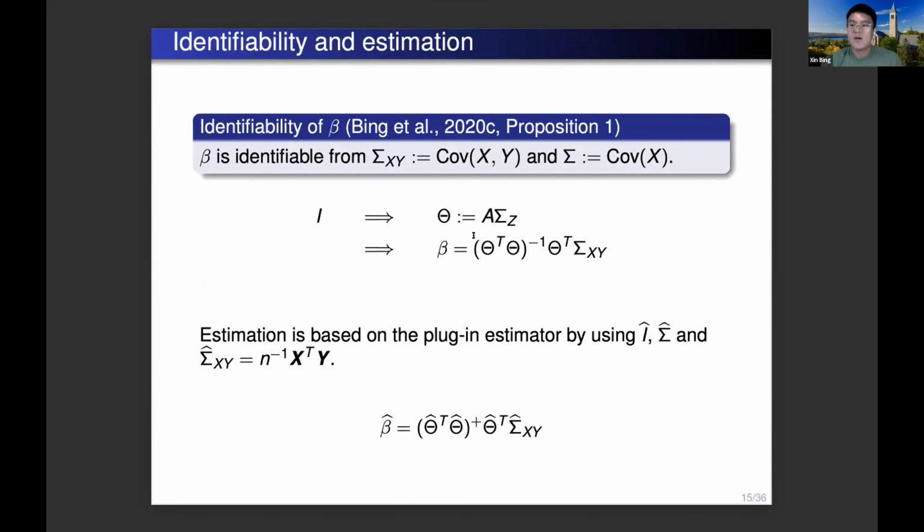So to start with, we need to first make sure that the linear coefficient beta is indeed identifiable.